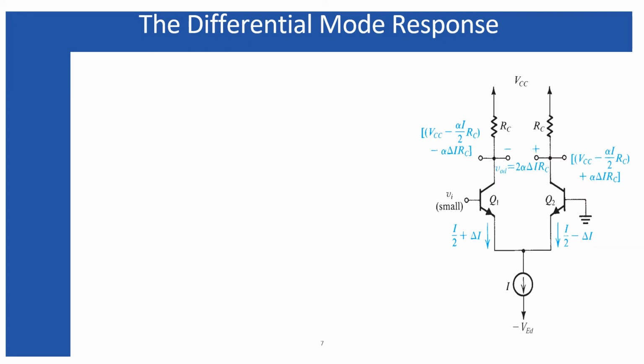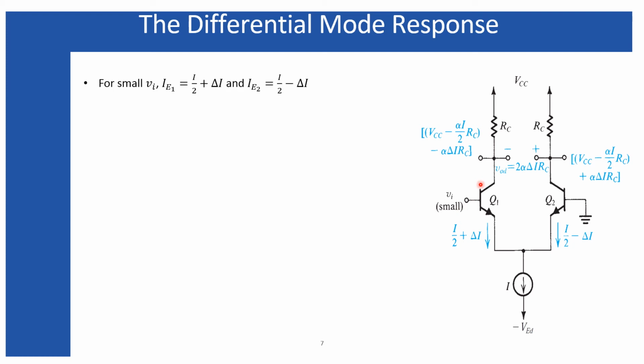Next, in the differential mode operation, I have assumed that a small signal Vi is applied at the base of the transistor Q1 as input, instead of the plus 1 volt or minus 1 volt that I applied in my last slide.